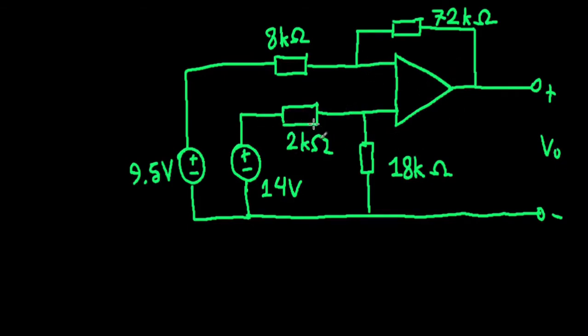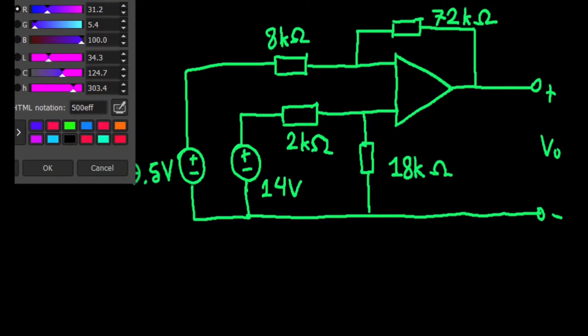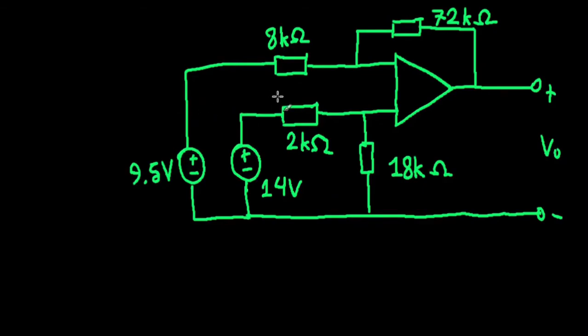In any of these problems where we are dealing with a differential amplifier and we're trying to solve it, the first thing we should do is test the ratio of the resistances. First thing, I'll label them. So this is R1, this is R2, this is R3, and this right here is R4.